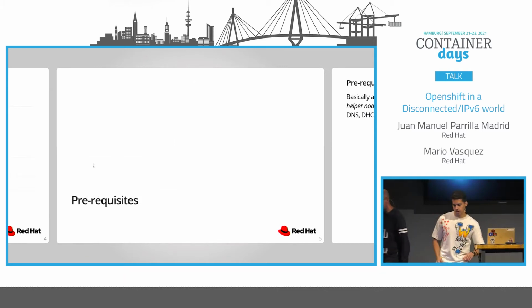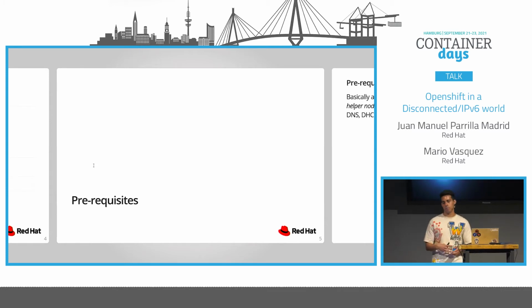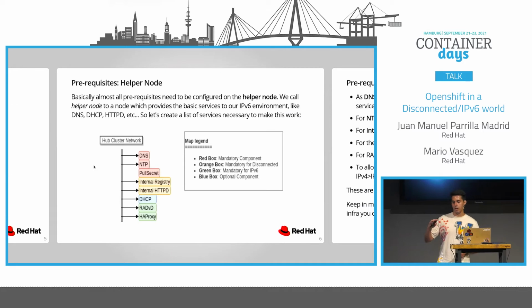Okay, thank you, Juan. All right, so the first thing that we're going to see is a look at the prerequisites that we need to have in place when we want to deploy an Openshift cluster in a disconnected IPv6 network. We can differentiate the prerequisites into mainly 4 groups.